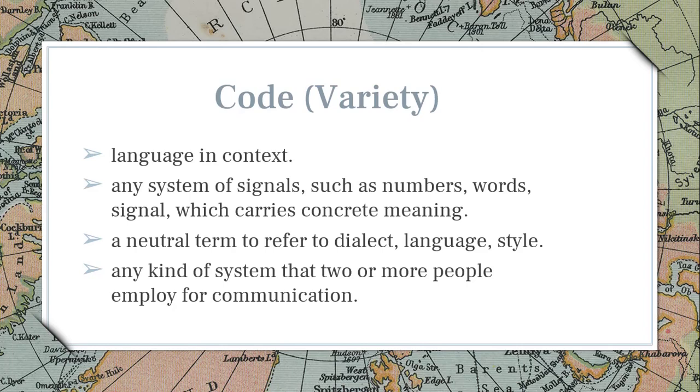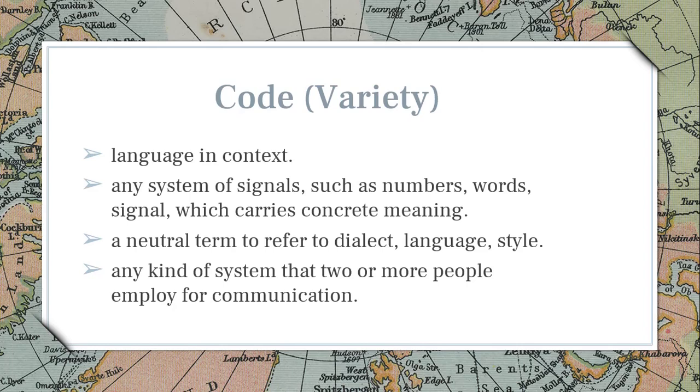Anyway, so what is code actually? In sociolinguistics, we don't use the word language. We tend to use the word code because it involves more than just language. It means that we do something with language in a context. That is what we call a code.